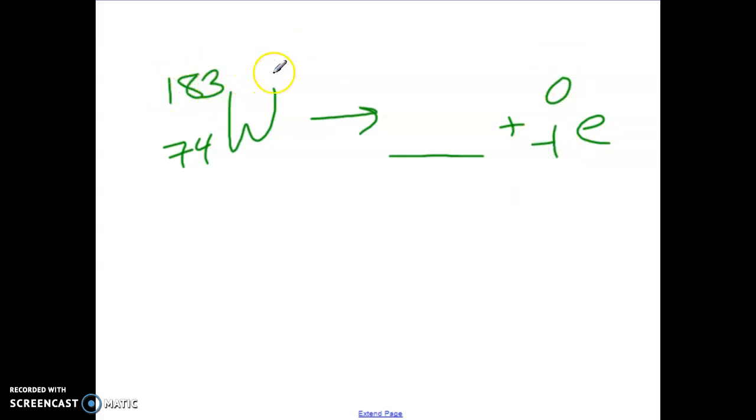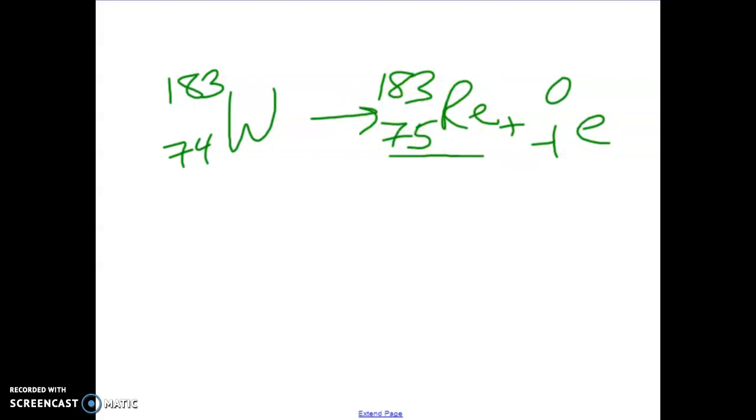So the mass number does not change. Remember that we are not changing the mass. However, this electron, when it leaves, will convert a neutron into a proton, which means it should have 1 extra proton there. So what ends up happening, if you look this up, we have a new element, the symbol Re. So same thing, you can be given a reaction like this and you'll have blanks for you to fill in, but you'll always have enough information that you can figure out what the missing piece is.